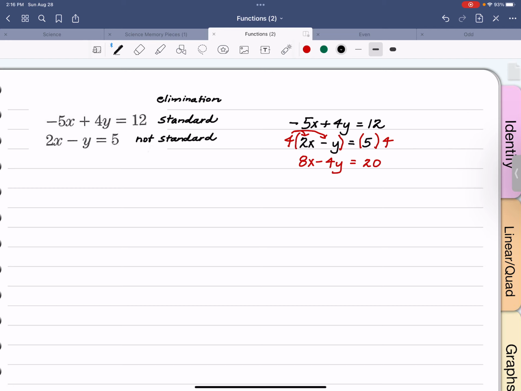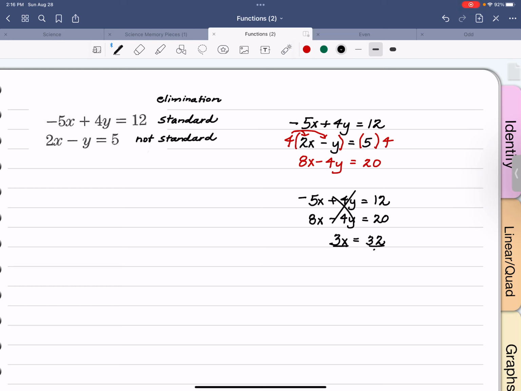Now let's solve. So we have negative 5x plus 4y is 12. We didn't do anything to the top equation. Down here we have that negative 4y we wanted, so we can eliminate or cancel the y's. So I'm left with 3x equals 32.